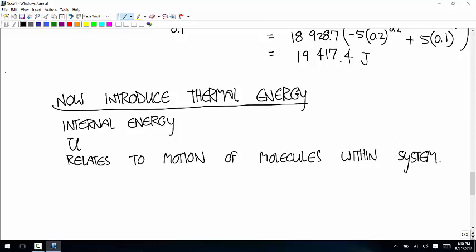If you increase the temperature of any material, you're increasing the motion of the molecules. And so internal energy is always going to be closely related to temperature. Increasing the temperature is always going to increase internal energy.